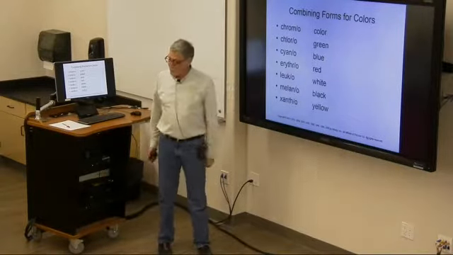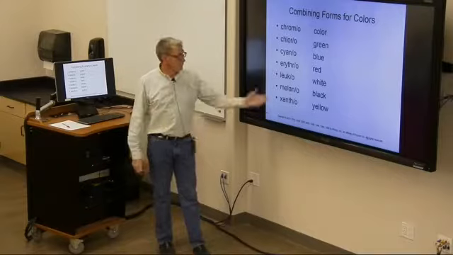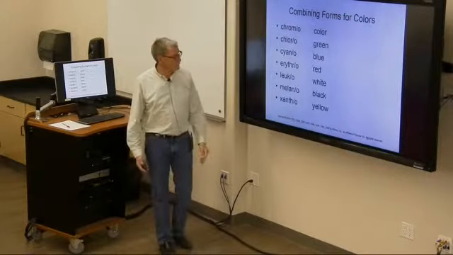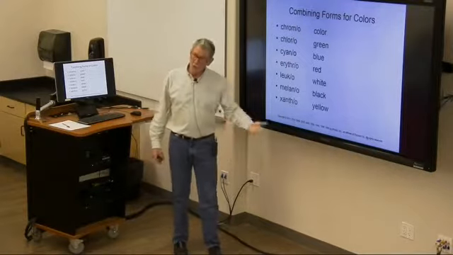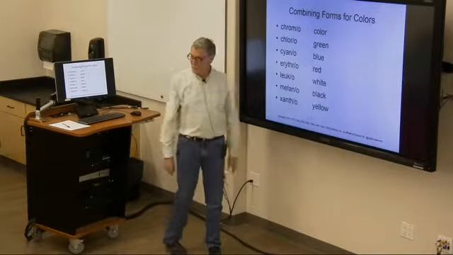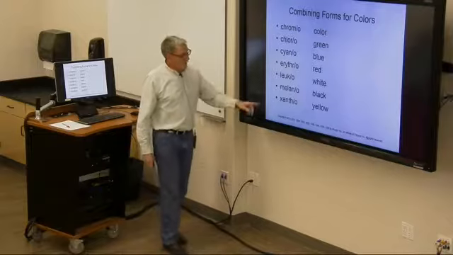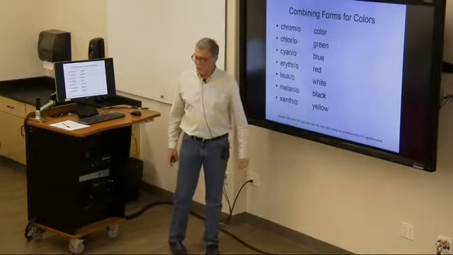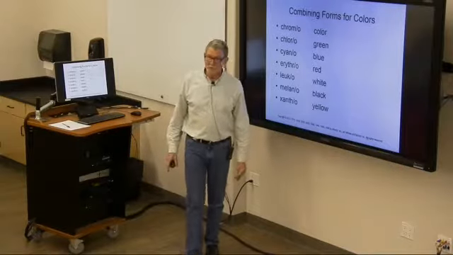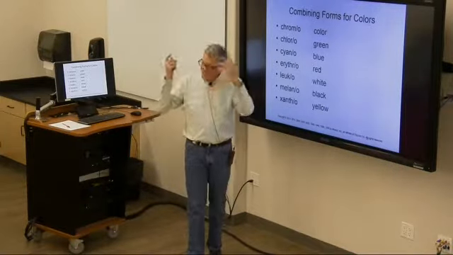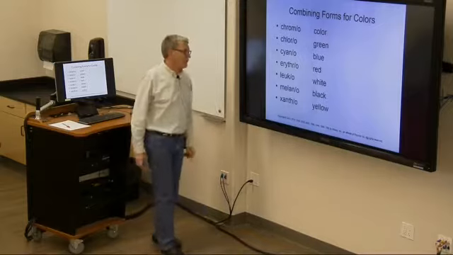Leuko means white. Leukocytes are white blood cells. Melano is black. Melanoma is a black tumor. And xantho is yellow. You turn yellow if you have jaundice. If your liver's not working, your eyes turn yellow and your face turns yellow and you turn yellow.